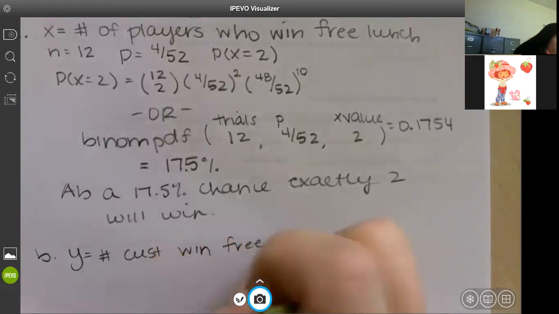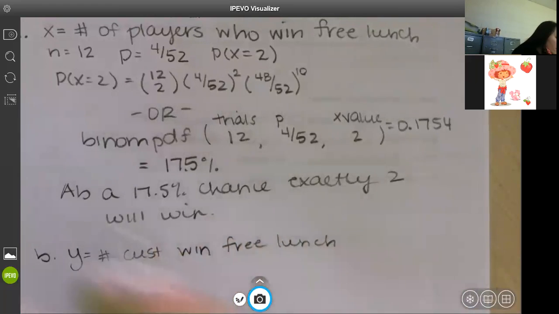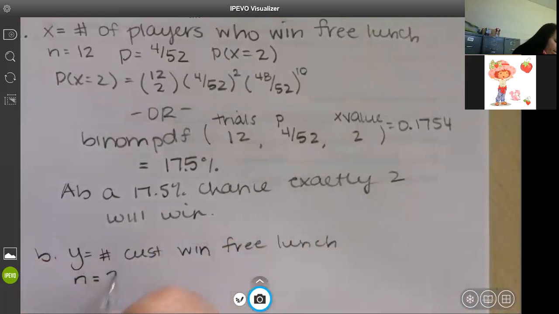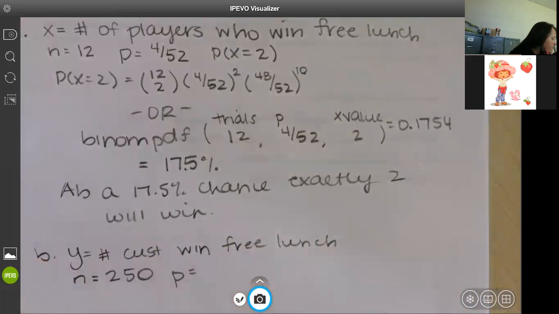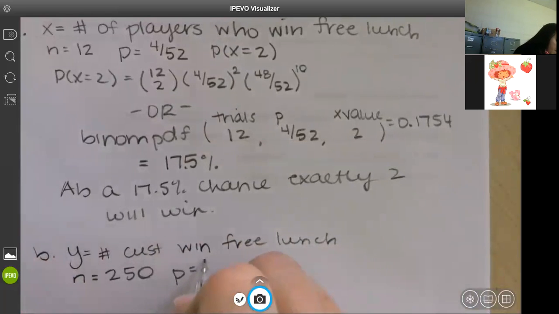Good. I need my N, my P, and then my probability statement. What is my N? How many are playing? What's your probability of success? Remember, we're drawing a 3 each time. Same scenario. 4 out of 52.